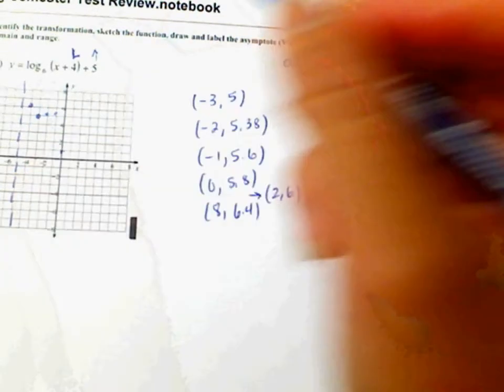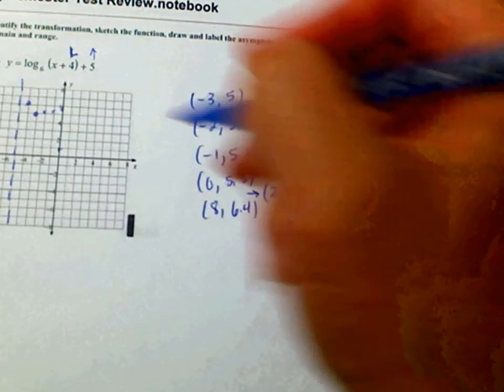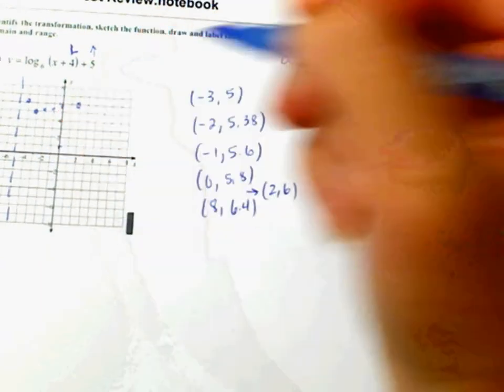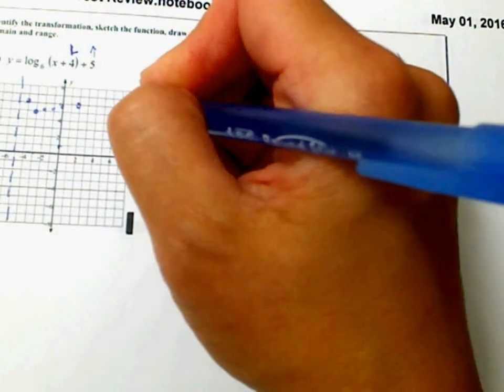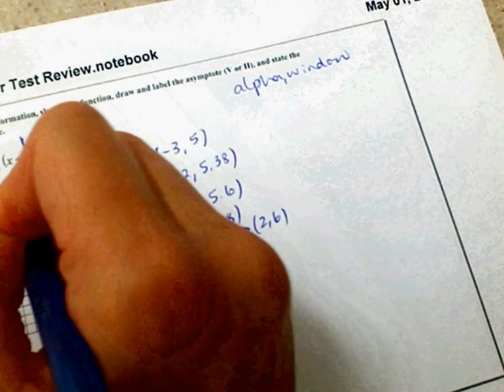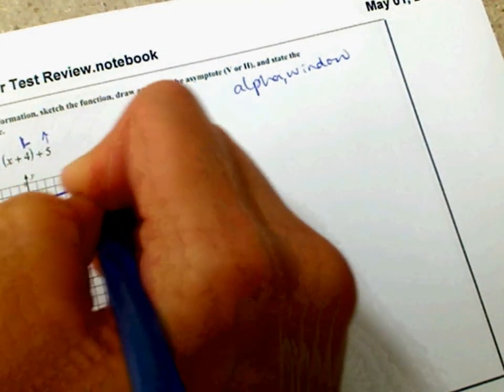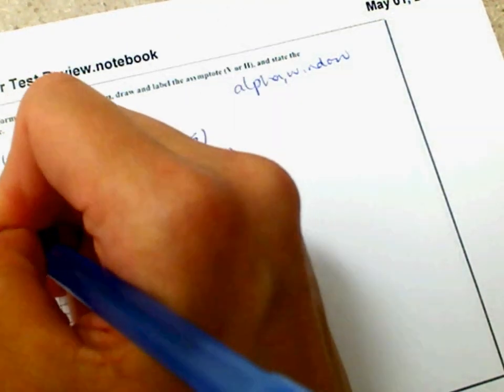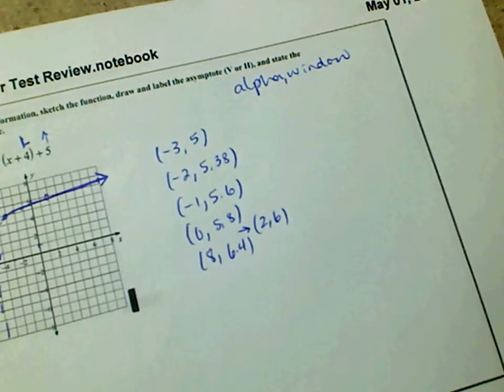Now notice 2 and 6, that's going to help me graph. And then 8 is at 6.4. So here's your graph. Just make a sketch of your graph. Add your tail right there. Okay, so there you have your graph.